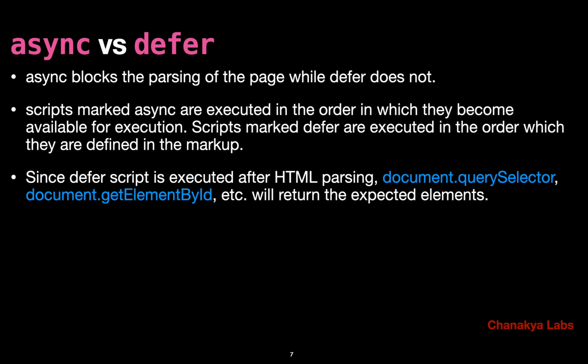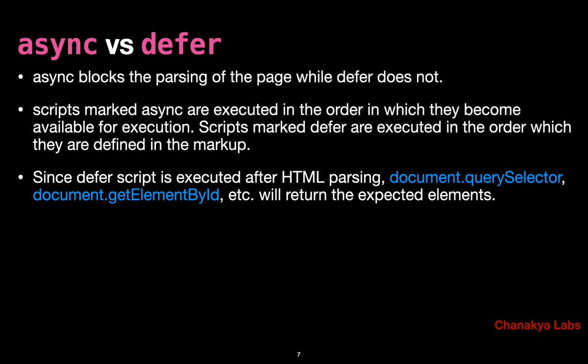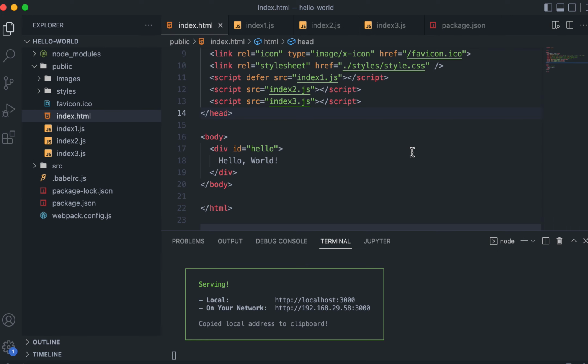But can we do the same thing with the async keyword? Can we guarantee the same thing with the async keyword? You see, the problem with async is that as soon as it is downloaded, it is executed, which means that it might be executed here only.